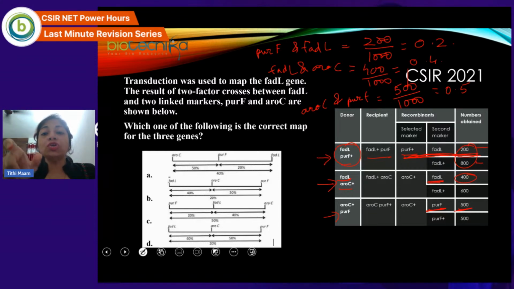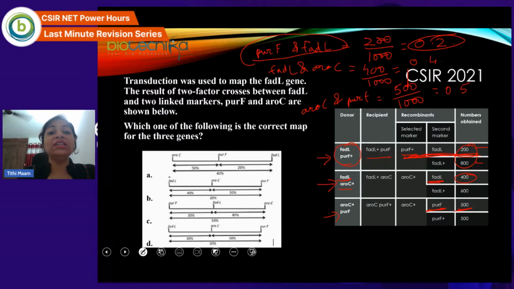So which two genes have the least co-transduction frequency? PERF and FADL. That means in this group of three genes, PERF and FADL are the farthest placed, and AROC is present somewhere in the middle, but not exactly in the middle.